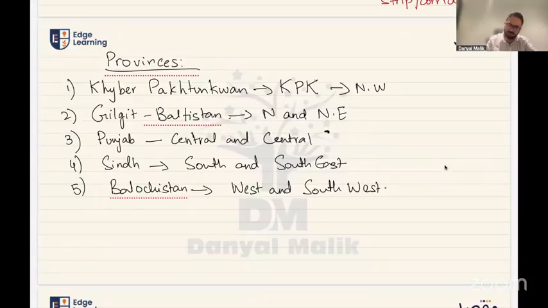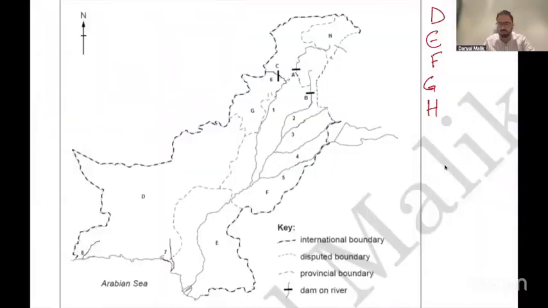Punjab is going to be Central East. Okay, so now D, E, F, G, H. Four provinces are marked in front of you. So quickly, mark them.